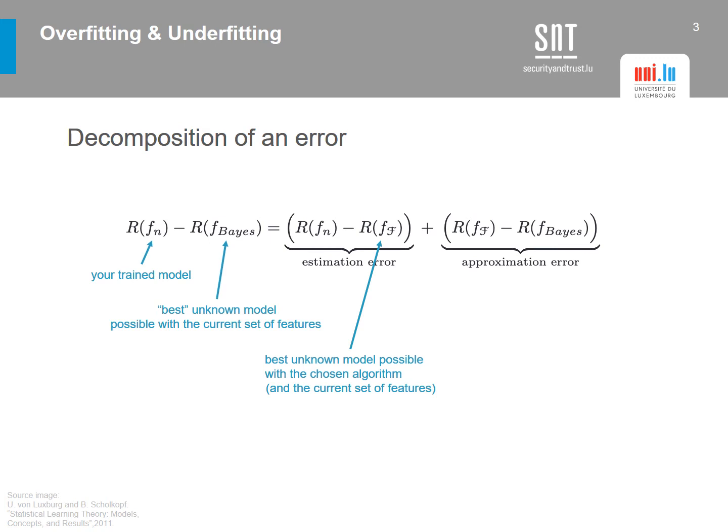In case we stop training the model at a certain time, it may be possible that it has not acquired its utmost learning capacity. So the estimation error really corresponds to the gap that our model has with the best possible model, provided the same algorithm.